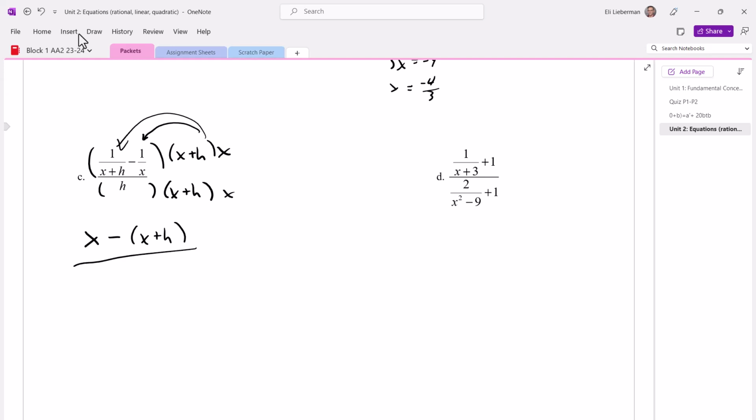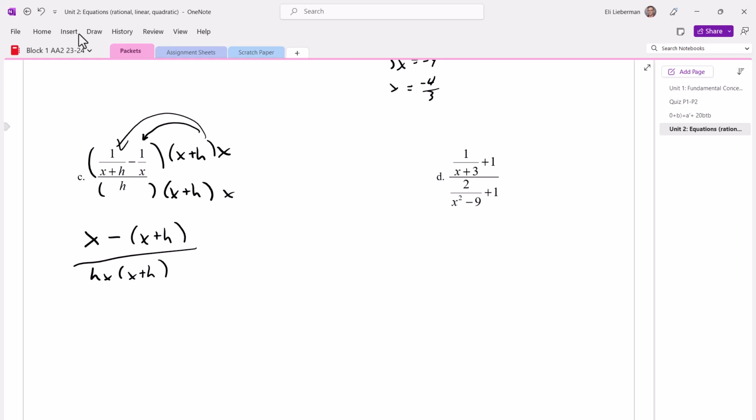Now the bottom is hx times x plus h. I just moved the single variables to the left. So what remains on top? Minus 1 over x.